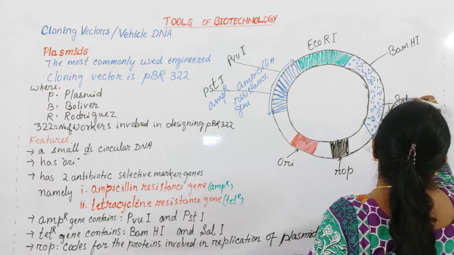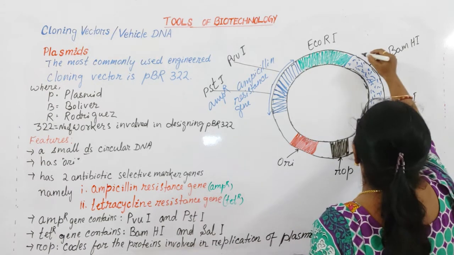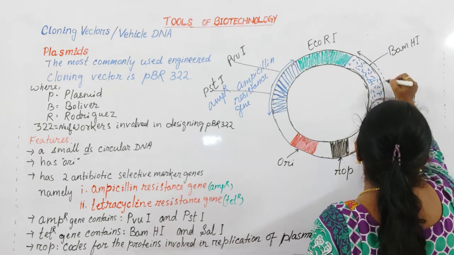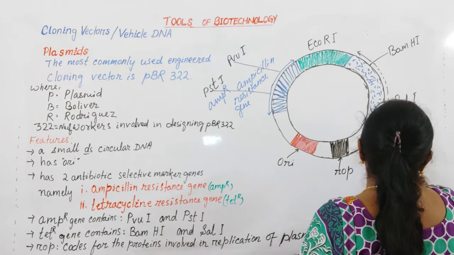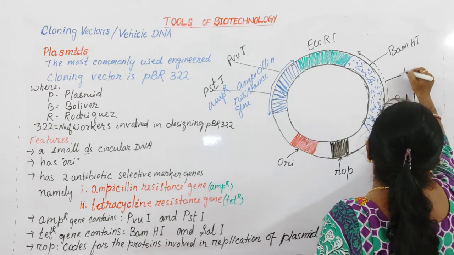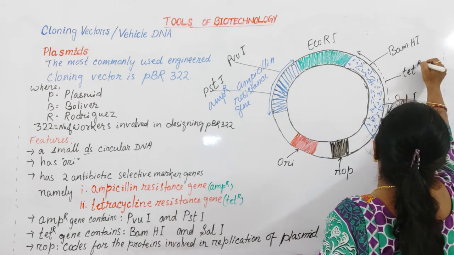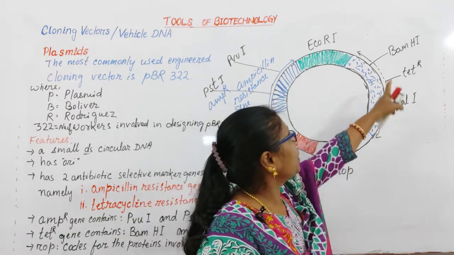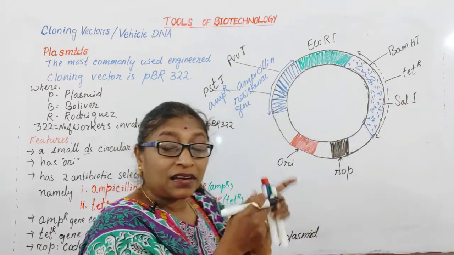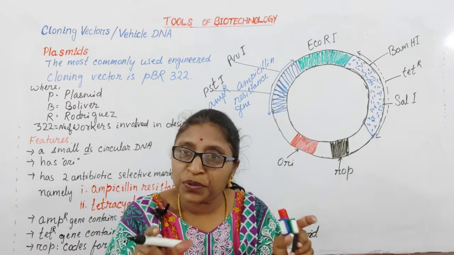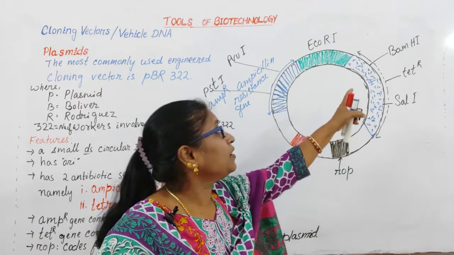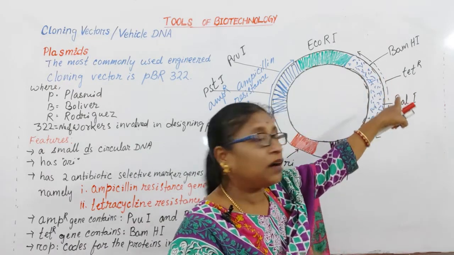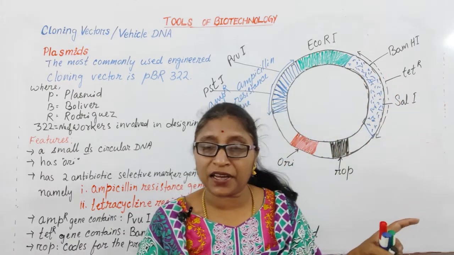And here is the region of tetracycline, the TetR region. This is TetR, the tetracycline resistance gene, within which SalI and BamHI are the sites. These are the recognition sites where the restriction enzyme BamHI can cut. Why is it required?